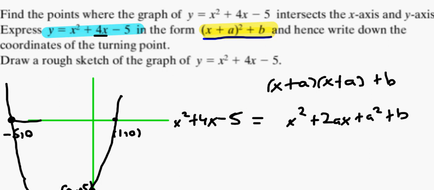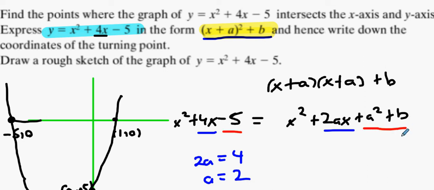So you pair it up, and all you see is 2ax equals 4x, so this means a equals, anybody? A equals 2. And then see the minus 5? That's the same as a squared plus b equals minus 5. And sub in a equals 2, and what do you get?